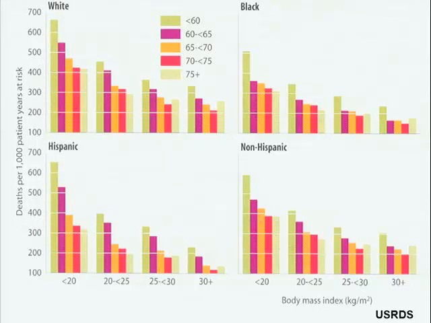It's a fascinating slide for me, but it shows in general that the bigger you are, the better the survival, that within each group the higher the dialysis dose, the better the survival, and certainly there are differences between whites and blacks, Hispanics and non-Hispanics, in that the best survivors are the patients who are Hispanic, who are large and have large doses of dialysis. So there's a world here of influence which we can't actually perceive in our patients as we see them, but the differences are really quite marked. This is from the USRDS.